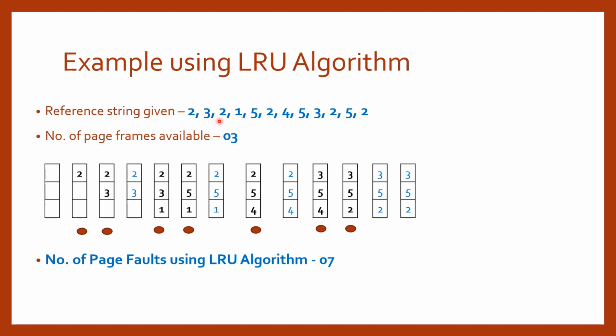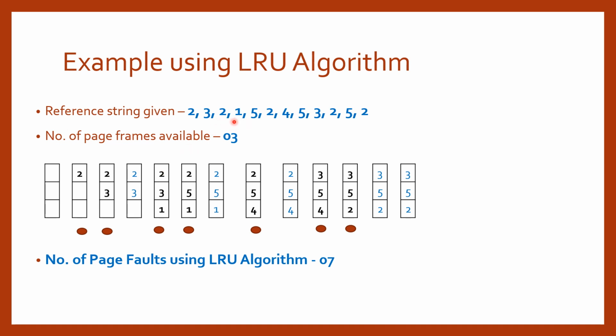So page number 3 was used the longest ago. If we are starting from here and 3 is the last, we will not see any other page number. We will see only those page numbers which are already in the RAM. So just check for these numbers only, like 2, 3 and 1.